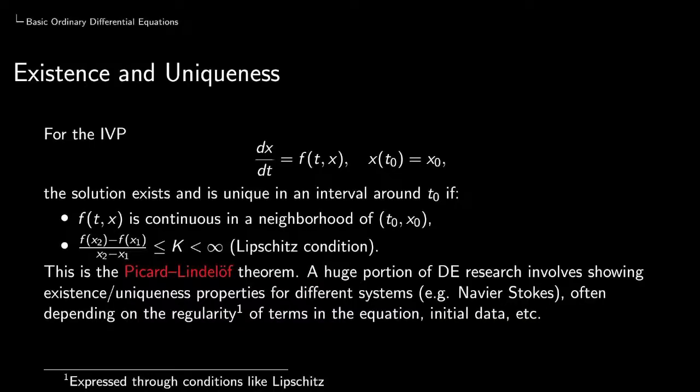A famous example of this is the Navier-Stokes equation, where there is a $1 million bounty out for someone who can prove or disprove the existence, uniqueness, and smoothness of the Navier-Stokes equations. This is one of those millennium problems, only one of which has been solved at this point. So there are still $6 million out there for someone who can solve it. Initial data is very important as well, as is the function space you're talking about.